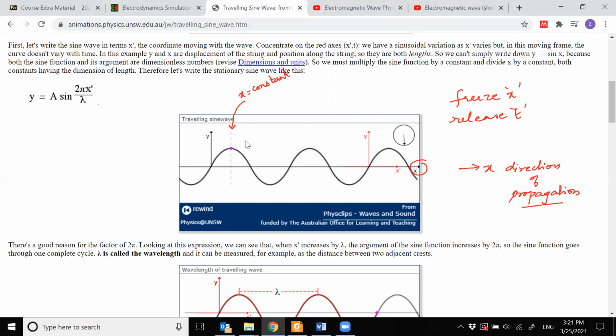So here, this is how it is oscillating when I freeze x and release time, because we are freezing x, making x a constant, and then just monitoring this point. Then we say that it is oscillating, right?